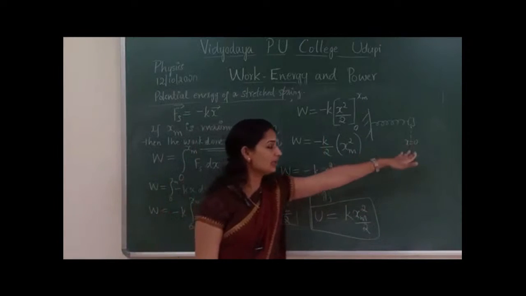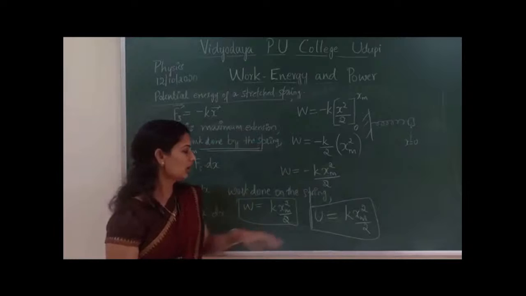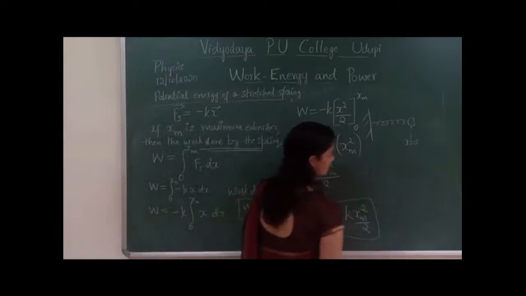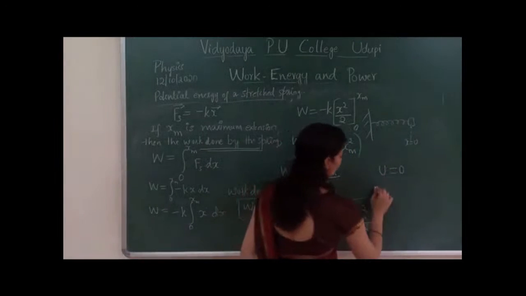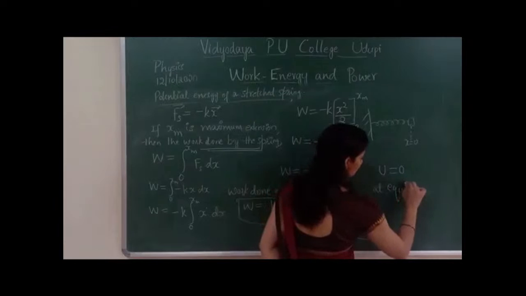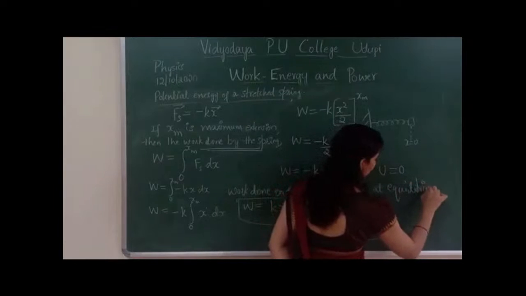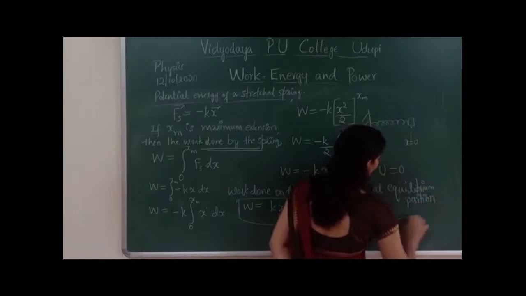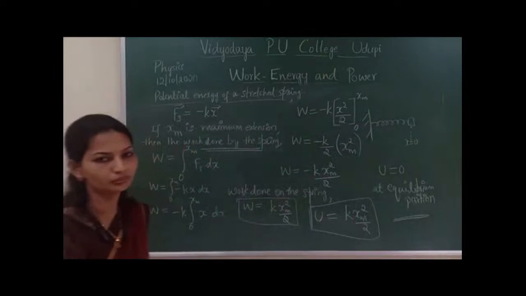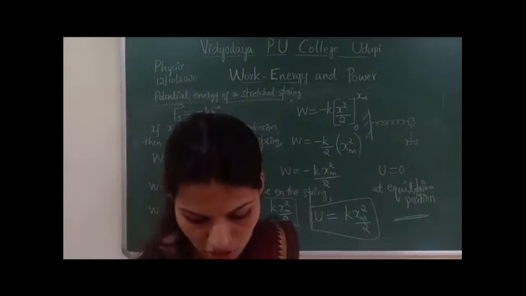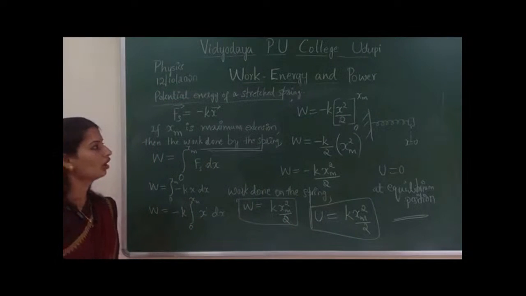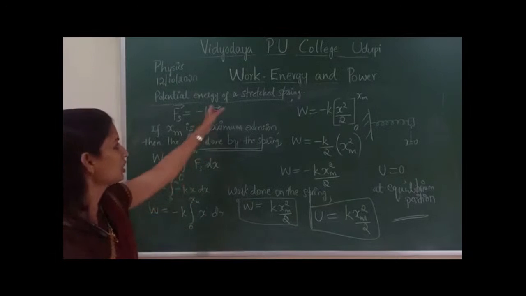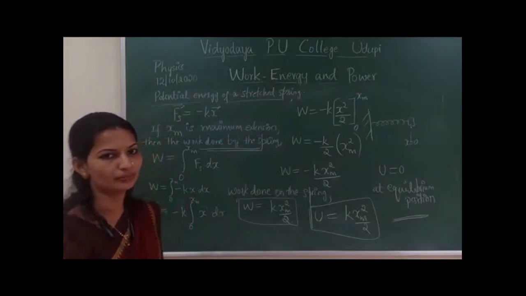So we can say at equilibrium position the potential energy of the spring is 0. U is equal to 0 at equilibrium position. This is the expression for potential energy of a stretched spring.